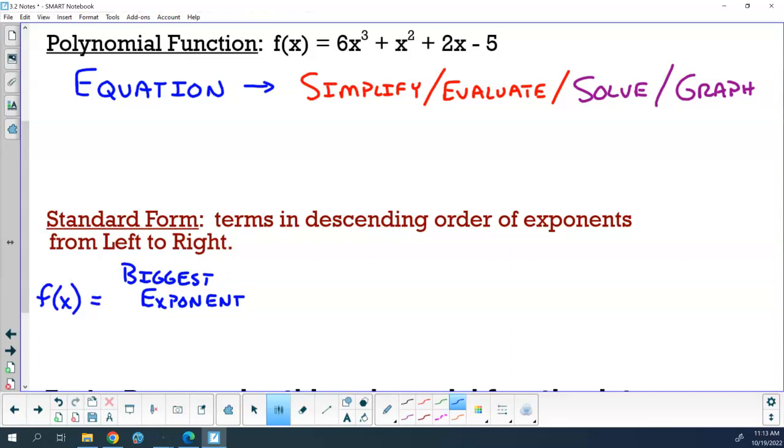Or if it's just an expression, you would just have your biggest exponented term. And then your next biggest, and then your next biggest, and all the way down until you have your constant term. And your constant term is just the number. Okay? So the number always just comes last.